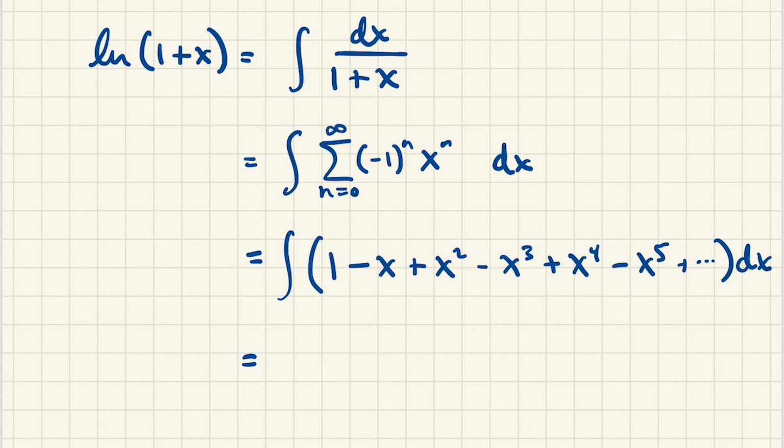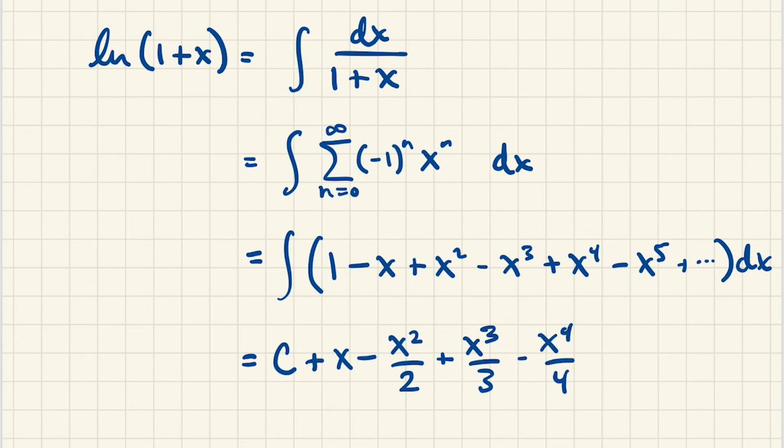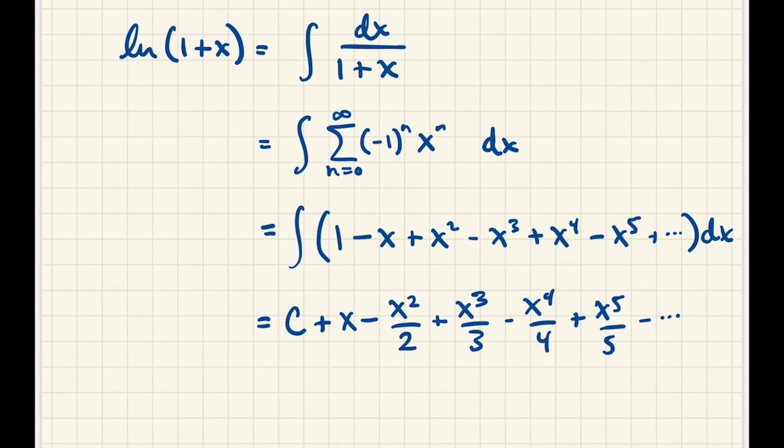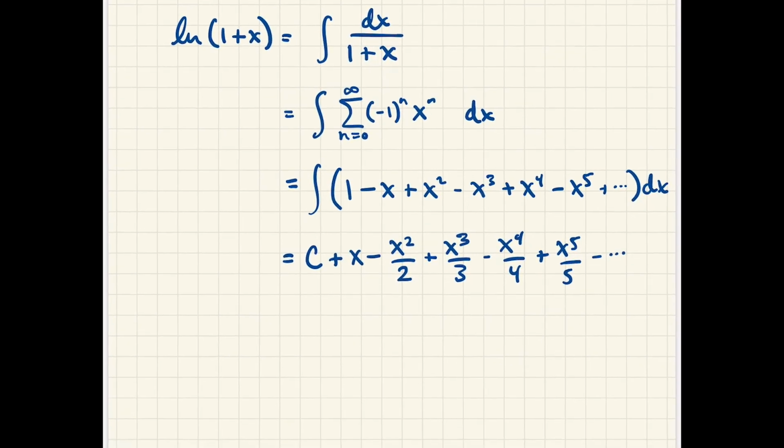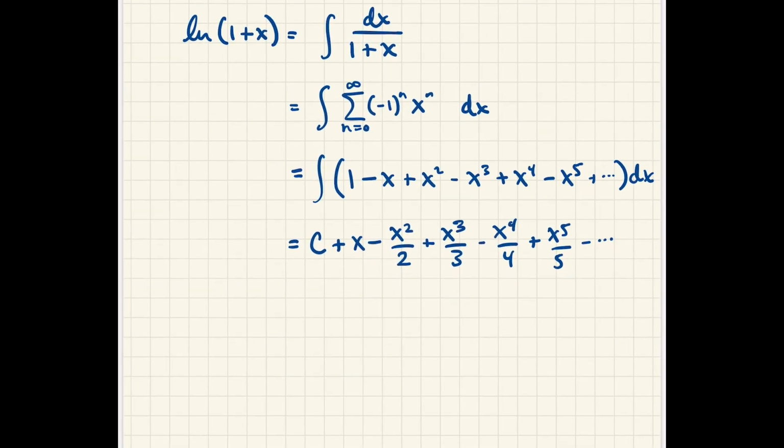So the integral at this point will generate the constant, and let's put the constant first so we don't have to worry about it. And 1 integrates to x, negative x integrates to negative x squared over 2, and then we have plus x cubed over 3 minus x to the 4 over 4 plus x to the 5 over 5, etc. And you can also see why we put the constant in front, because it's a little weird to have plus dot dot dot and then plus a constant after that.